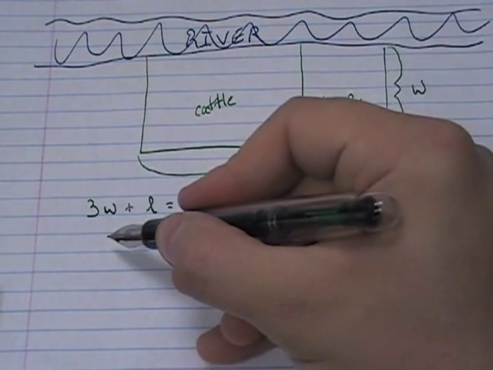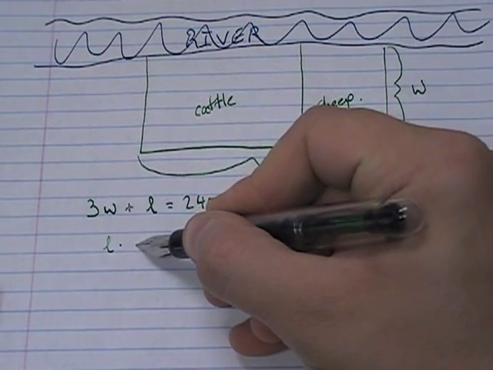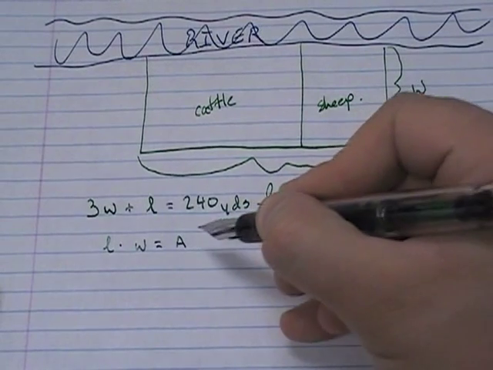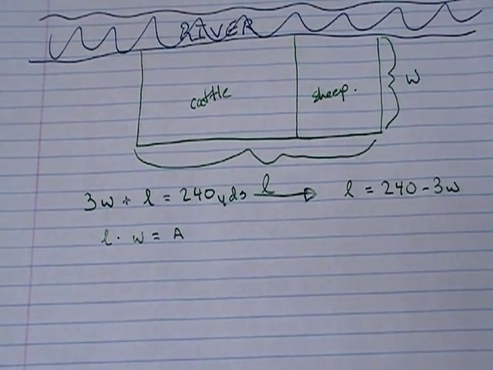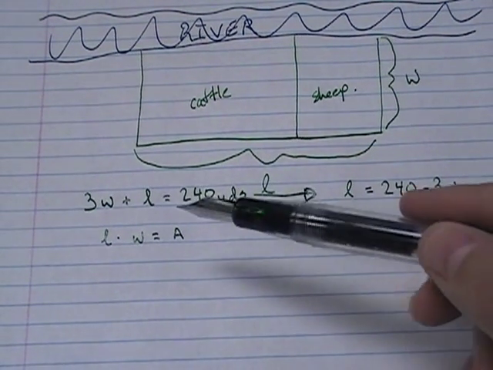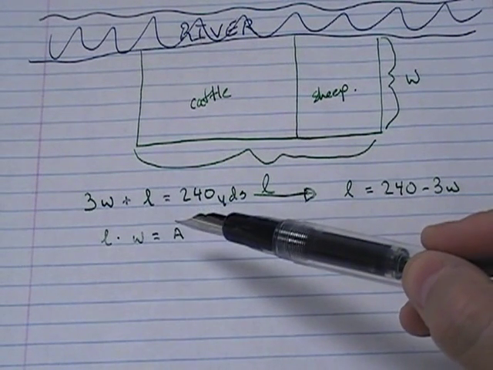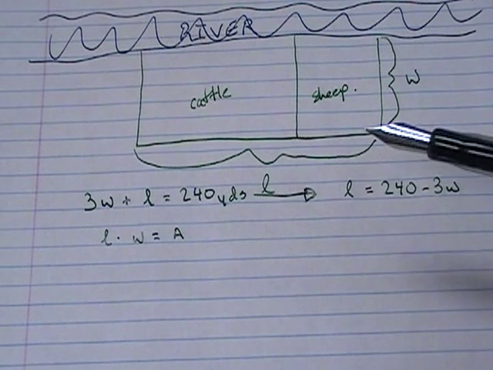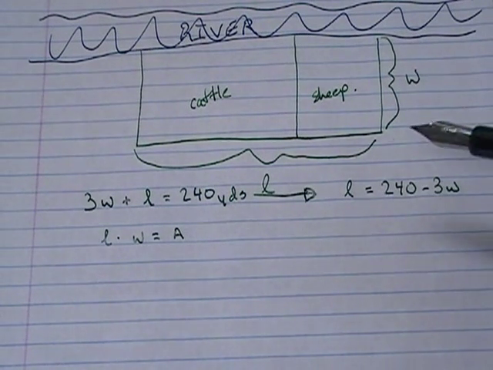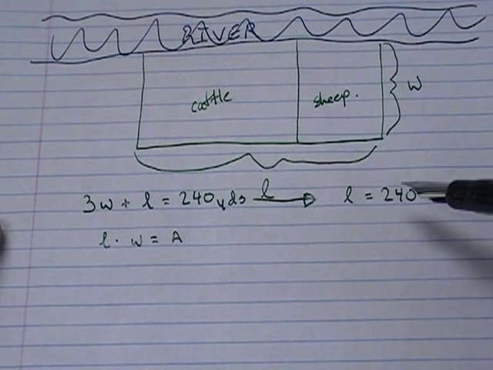So I write my equation for area. What is my equation for area? Length times width equals area. And here's the problem: I have 2 variables, length and width, and I want to find the maximum for area. But what can I do?